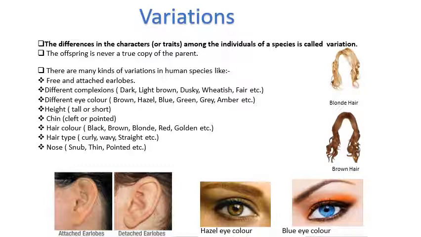Chin: they have a cleft chin or pointed chin. Hair colors can be black, brown, blonde, red, golden, etc. Hair type can be curly, wavy, straight, etc. Nose can be snub, thin, pointed, etc.